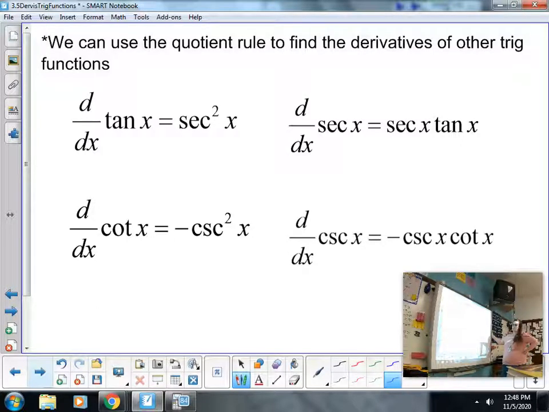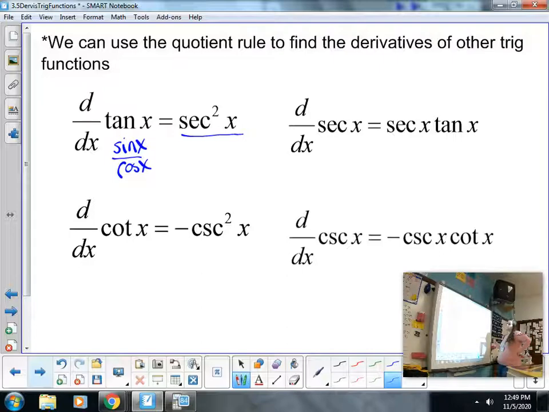There are some things in your book to discover these other rules. Quotient rule is a very popular one because all of these can be expressed as quotients. For example, tangent is sine over cosine, so we could take the derivative of that using the quotient rule, but you would still end up getting secant squared as your simplified version. So tangent, secant, both of those have positive derivatives.